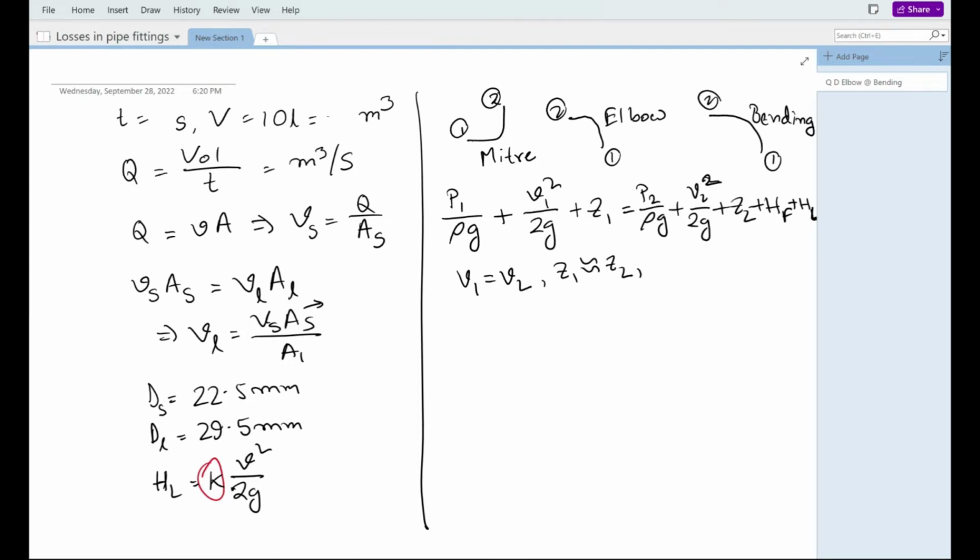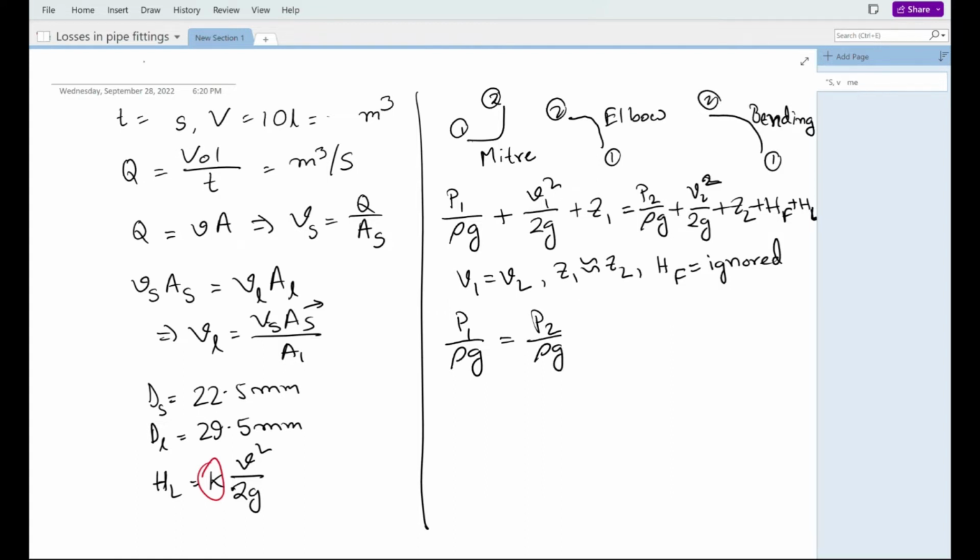This H1 minus H2 is actually the difference you got from the manometer reading, right? This was for 1 and this was for 2. So you have to take the difference between these two in millimeter. That is the head loss for miter, elbow and bending.